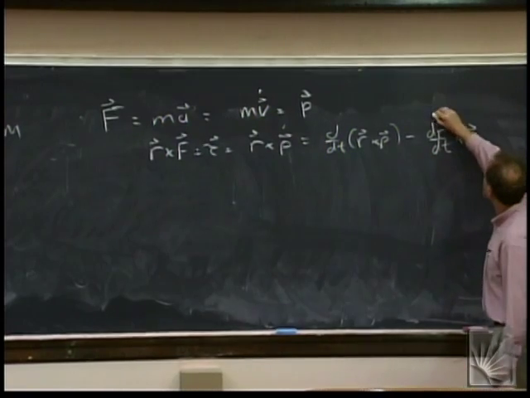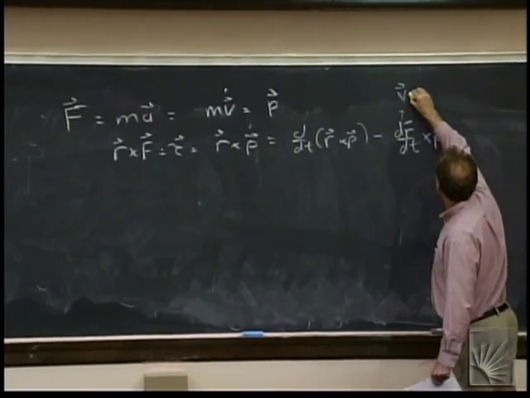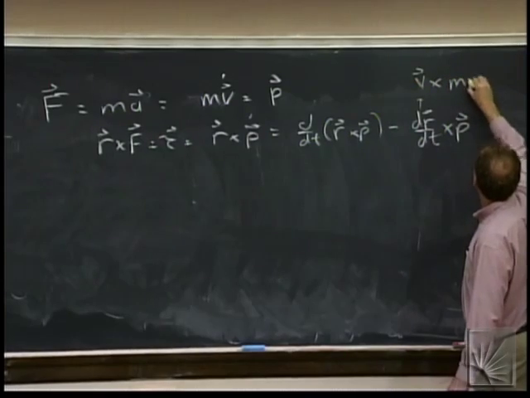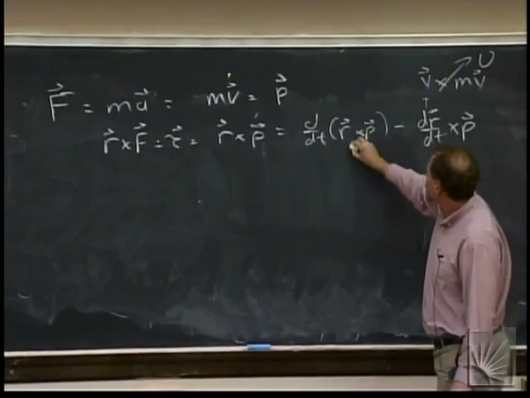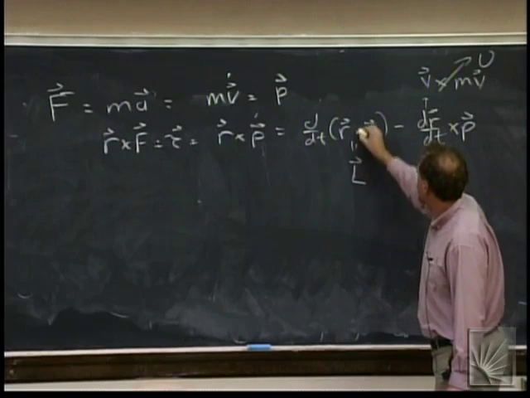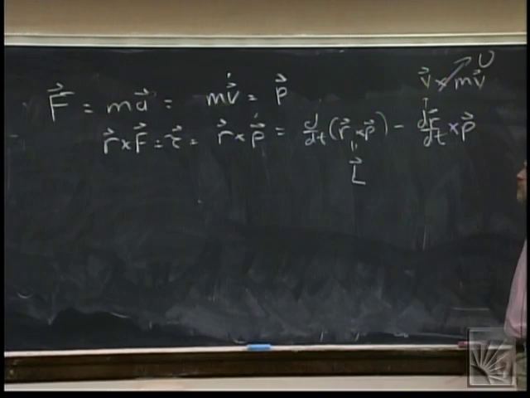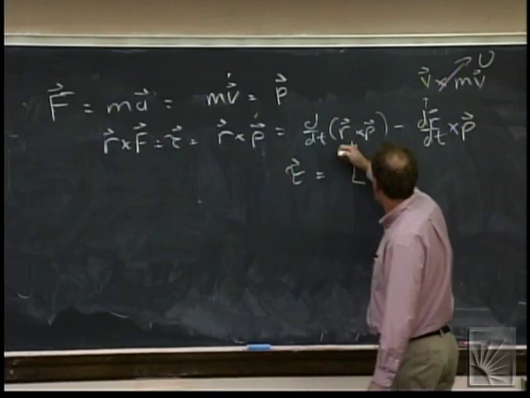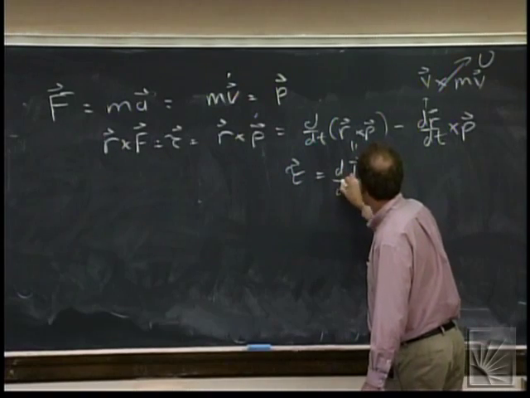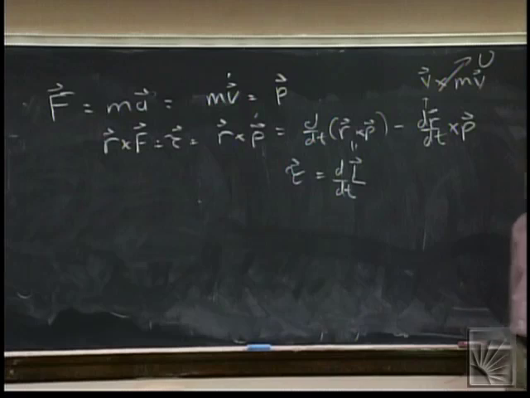But this term is v cross mv, so that's 0. This is angular momentum, r cross p. So torque, and I took the time derivative of it. Torque is dL/dt. You should have known this.